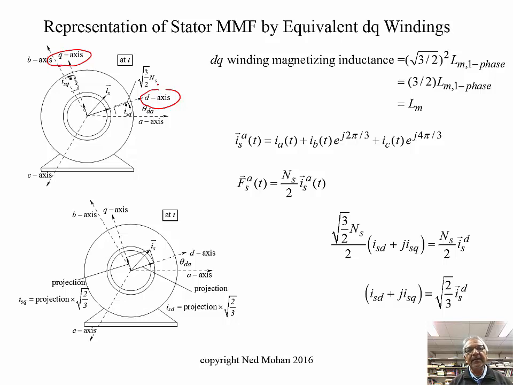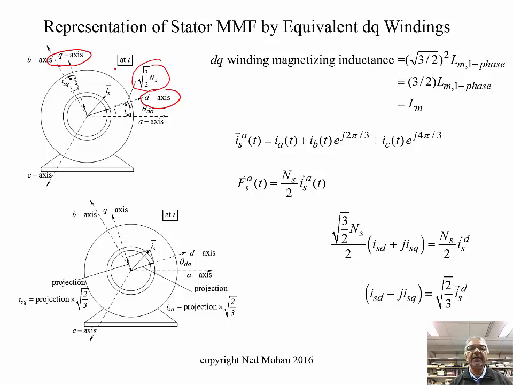Okay, but in selecting these DQ windings, we'll make sure that first of all, each one of them is sinusoidally distributed in space. We'll assume that these are hypothetical windings; they don't exist, and the number of turns they have is equal to square root of 3 over 2 times the number of turns per phase of any of the ABC windings.